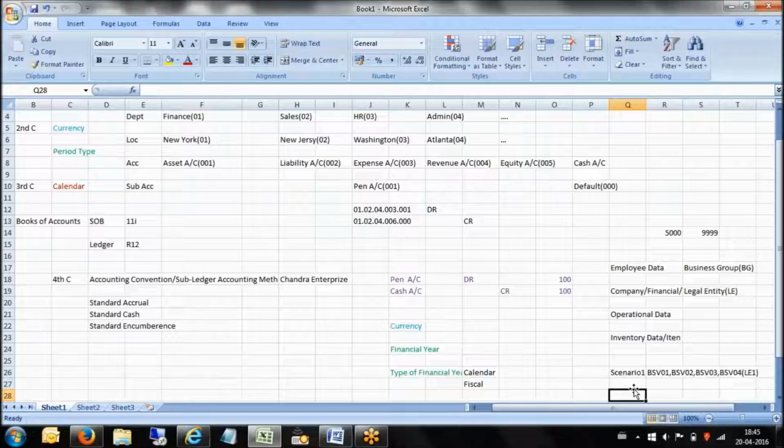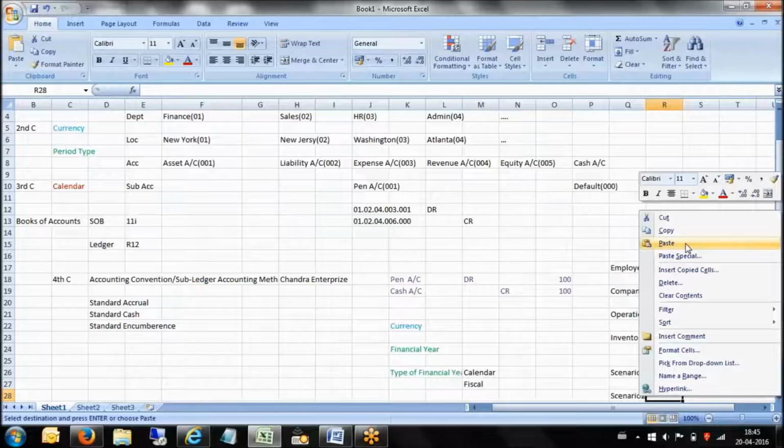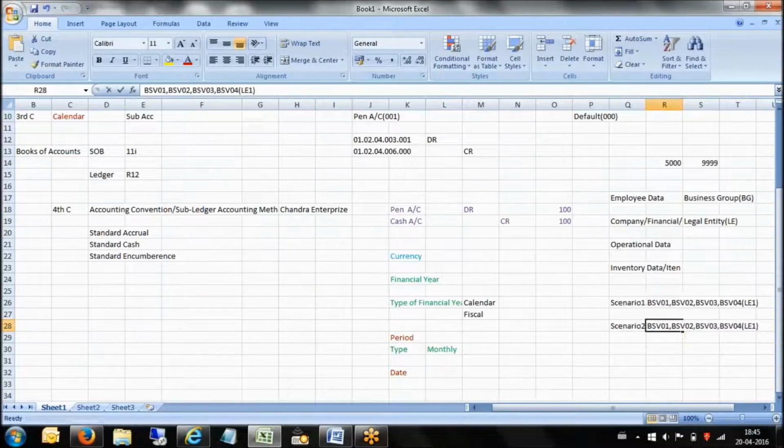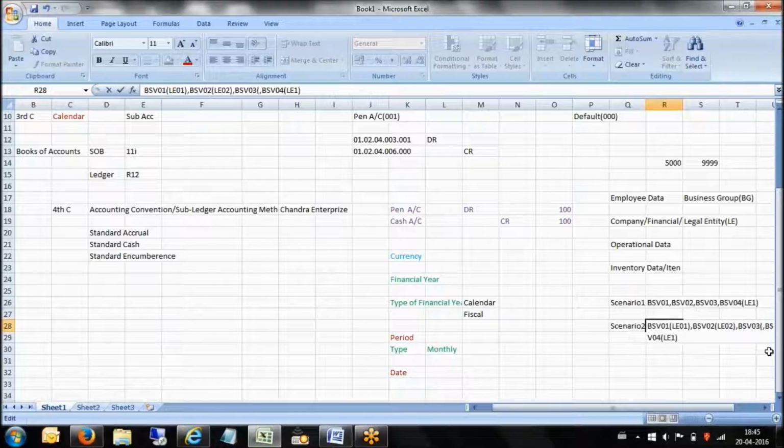Scenario 2, it remains the same. Here it will be LE1, here it will be LE2, here it will be LE3, or we can write 1, 2, 3, or 0001, 0002 as I have written.